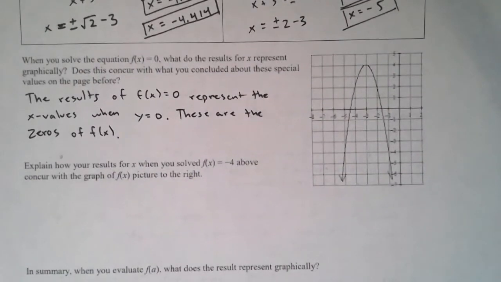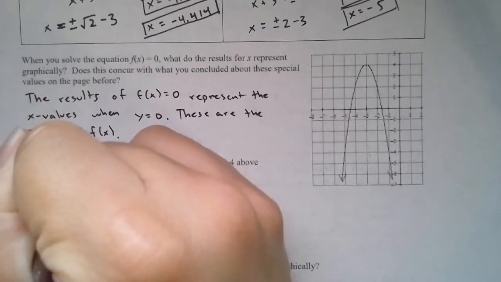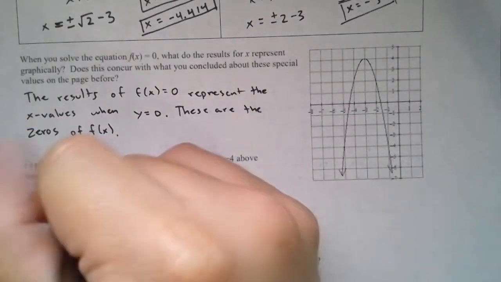The next one says explain how your results for x when you solve for f of x is equal to -4 above concur with the graph of f of x pictured to the right. Oh yeah, that's what we just said, right? So, well, not just, but just before, the previous question.